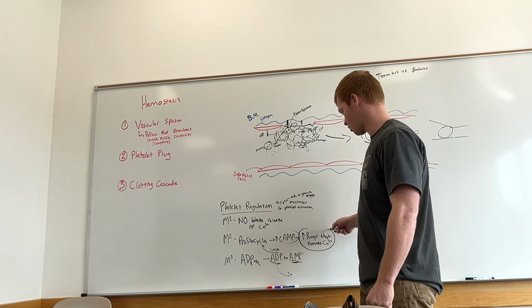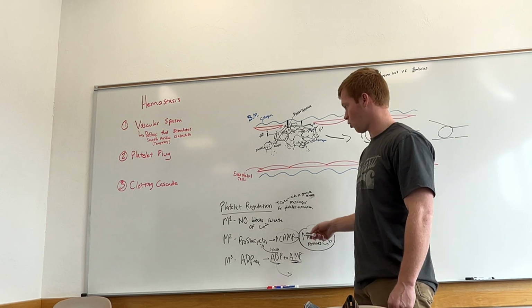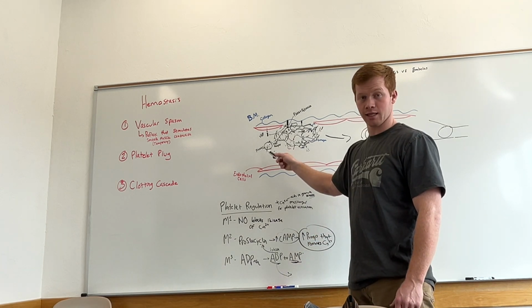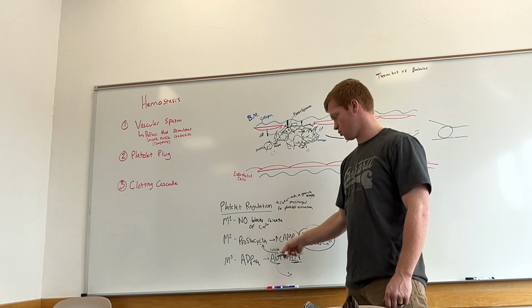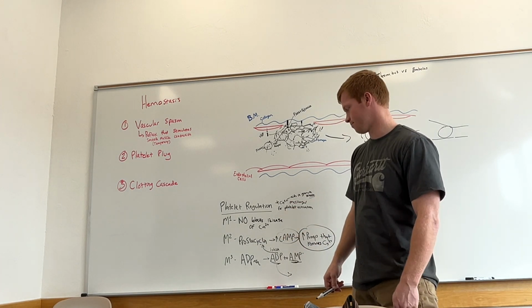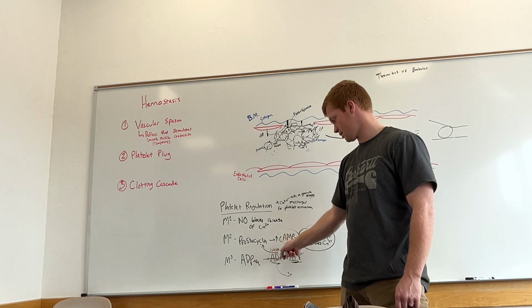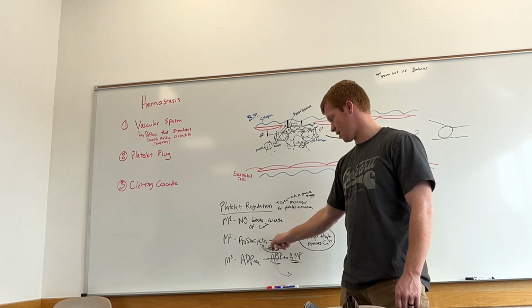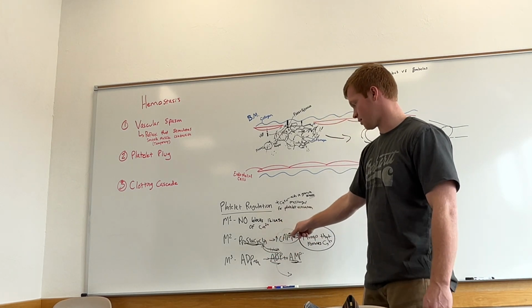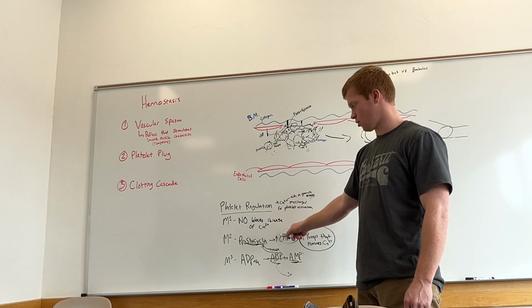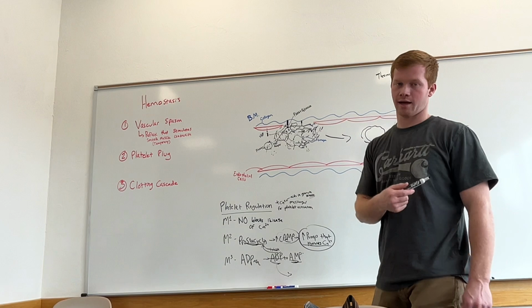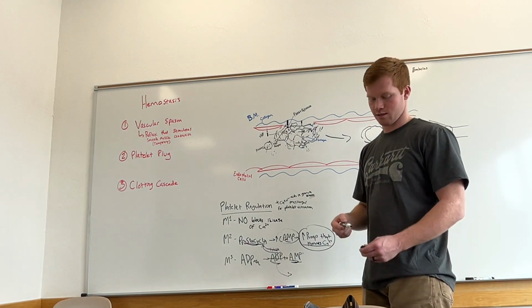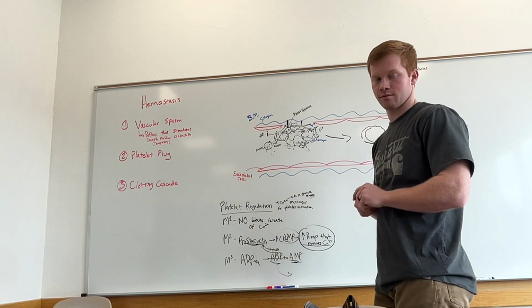The pump's not going to be working as much, which is going to keep more calcium inside of the platelet, which is going to allow for more release of the granules. So that's how these two tie together. But again, if we take out ADP, it's not inhibiting prostacyclin. Prostacyclin is going to signal the G protein to release cAMP. cAMP is released to increase the pump to pump more calcium out, which is going to decrease the granules being aided in release.